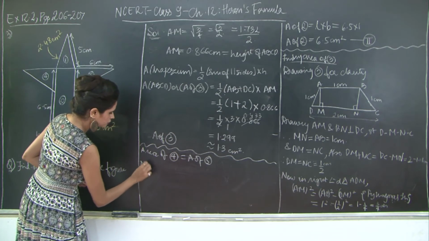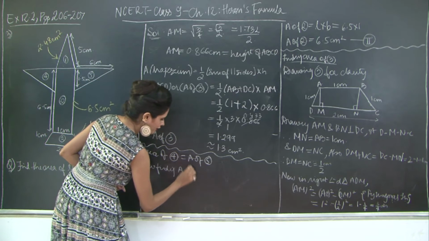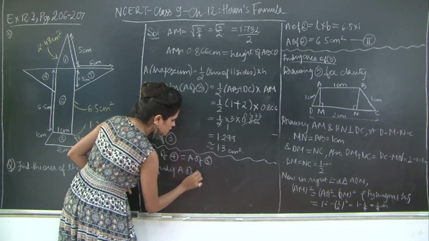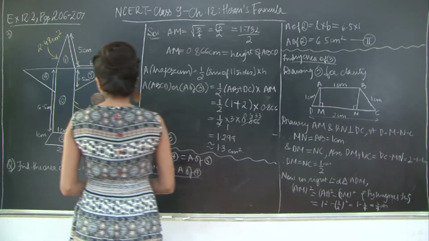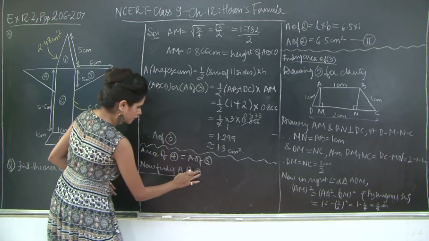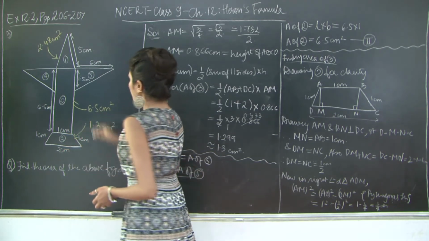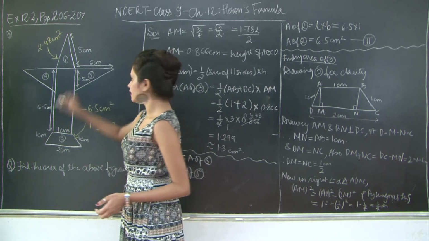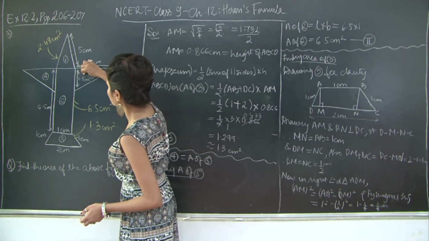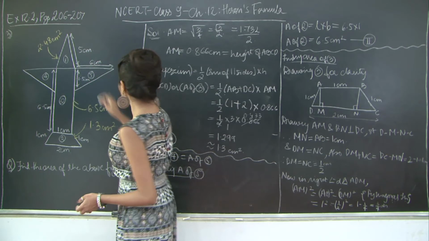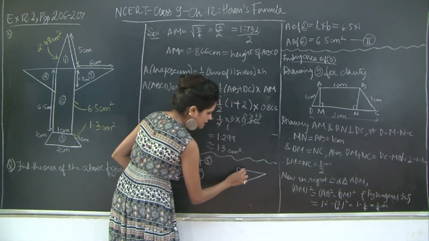Now, finding area of 5 or 4. Let's just find it for 5 because we have the markings on the board. So now this region is 1.5, this is 6, and you have this to be the perpendicular, right? If you see your triangle, this is the perpendicular.